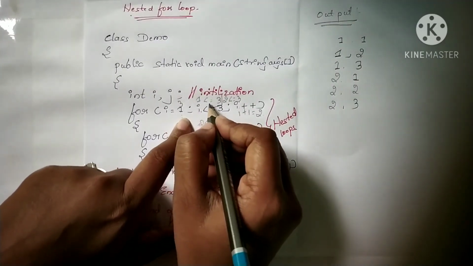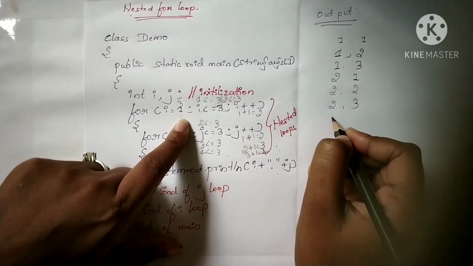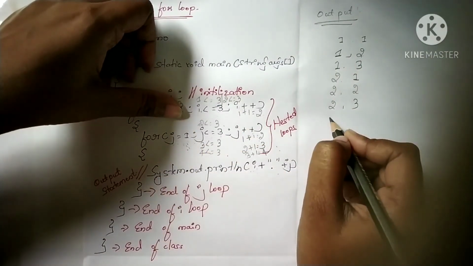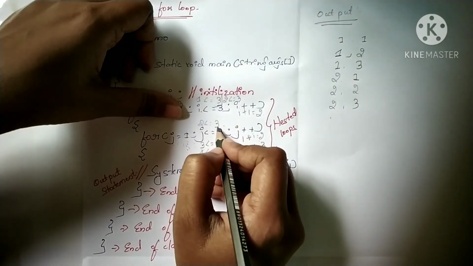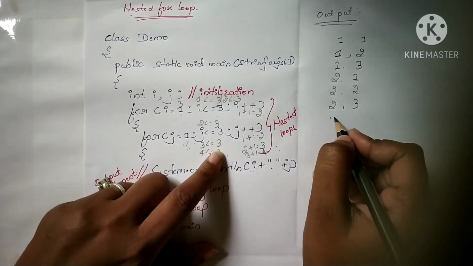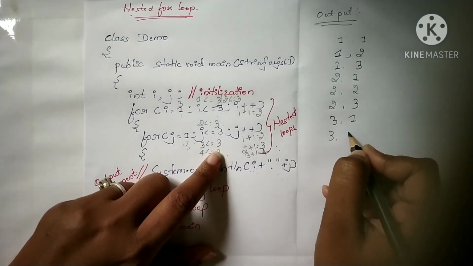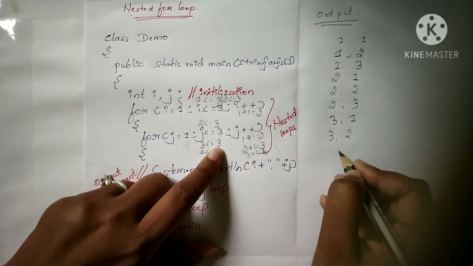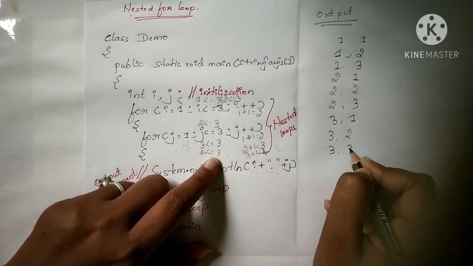Then 3 is less than or equal to 3, the condition is true, then it comes to the for loop, j value equal to 1, 1 is less than or equal to 3, then the condition is true, then j value is incremented to 2, it is true, again j value is 3, it is also true.